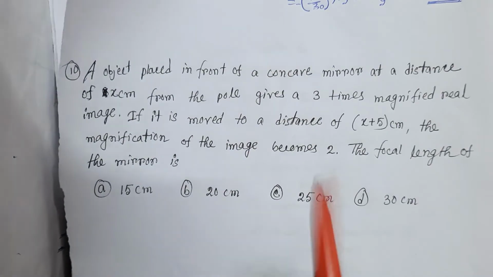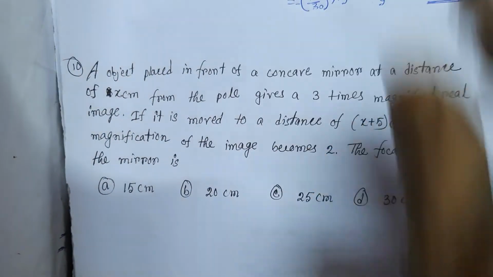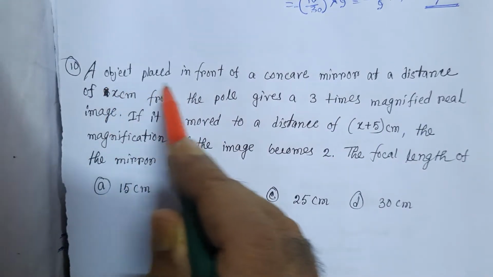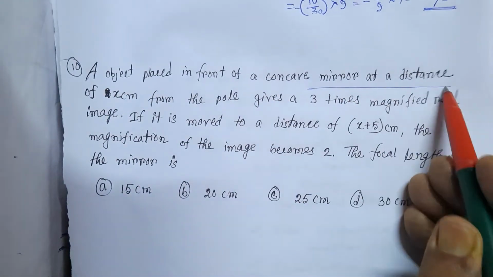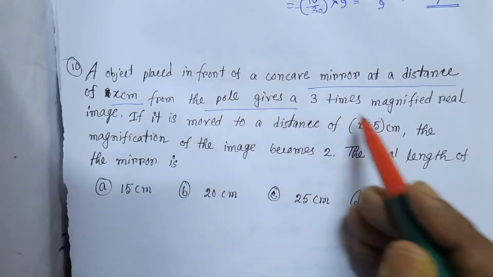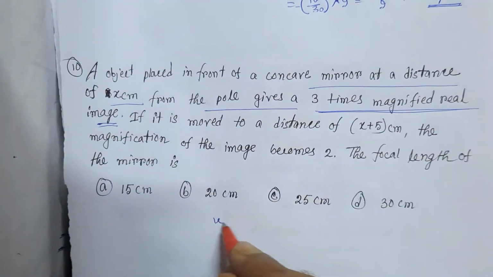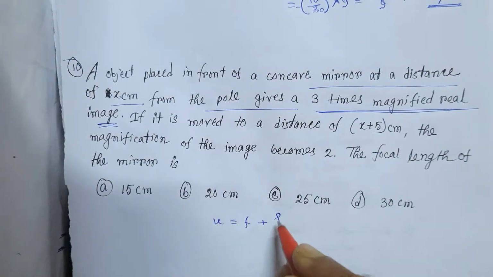Now let us take question number 10. It is also a concave mirror problem. An object placed in front of a concave mirror at a distance x centimeter from the pole gives a 3 times magnified real image. We know that u equals f plus f by m.